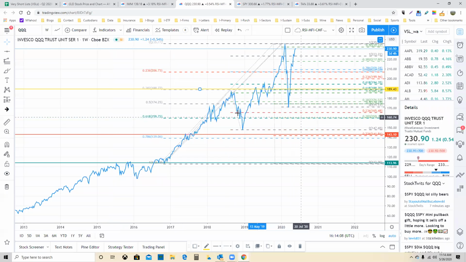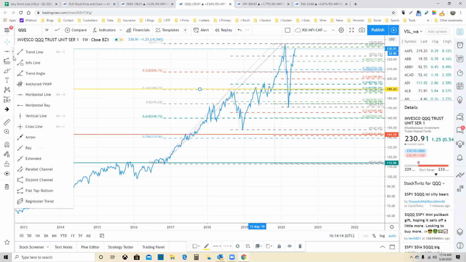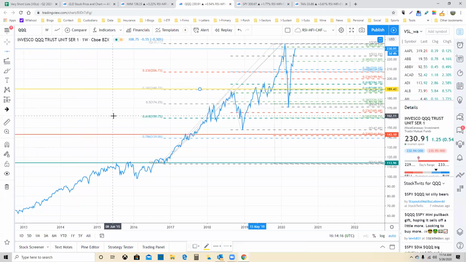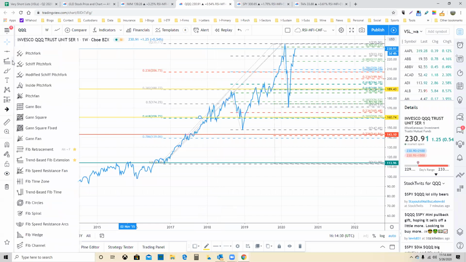You know, let's put another line. I think people are becoming resistant to the idea that there's a lot of risk right now. I think that is to their own detriment.